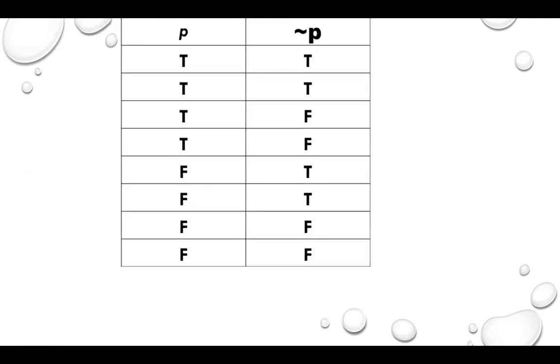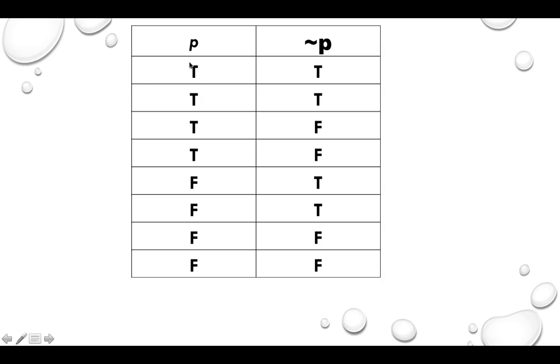On the other hand, we have another example. We have 8 rows here. So the negation of P, okay, negation of P, I think there's something wrong here. I'm sorry for the mistakes. This should be false. This one is false.